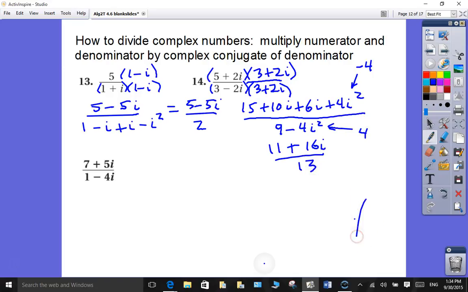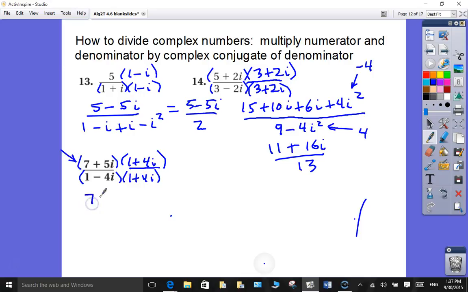So try this one here, which doesn't have a number. Okay, so this looks like 1 plus 4i over 1 plus 4i. And the numerator is a FOIL.